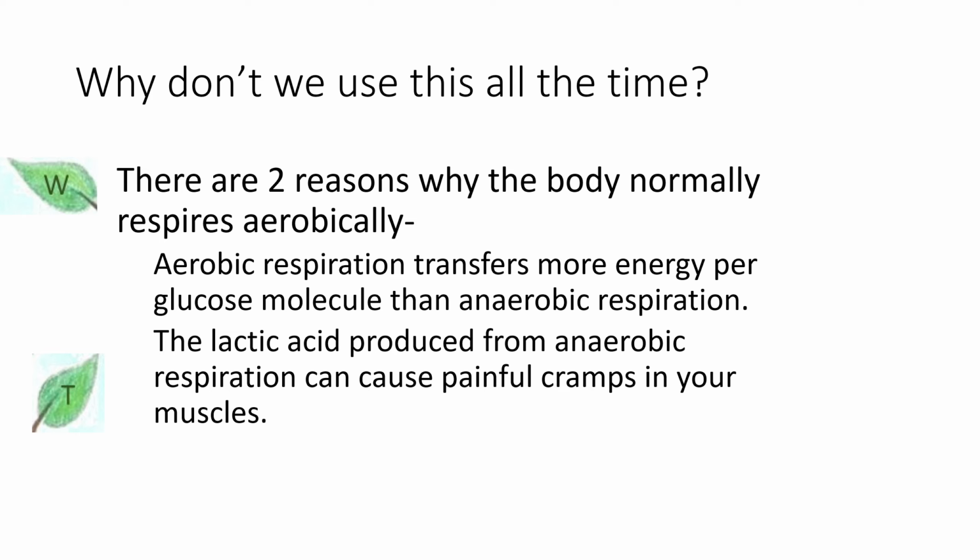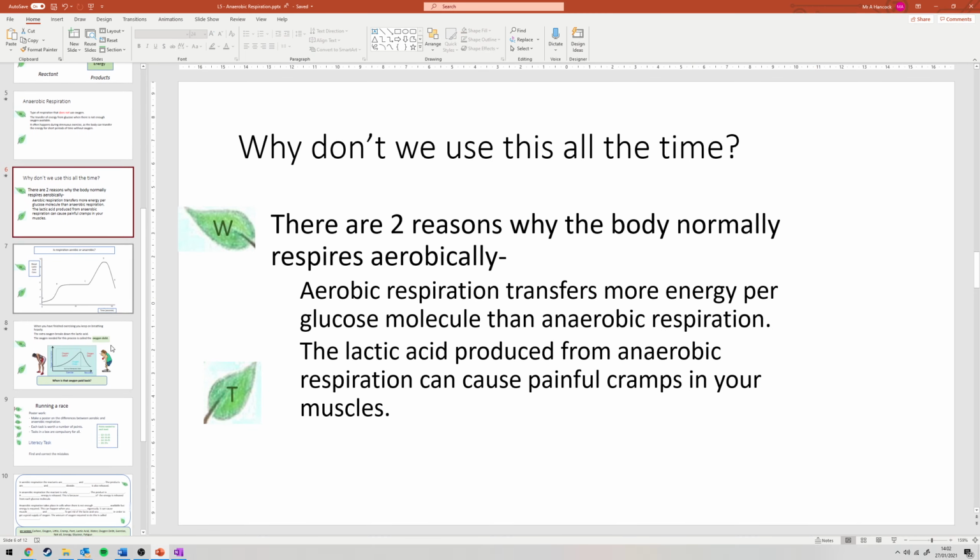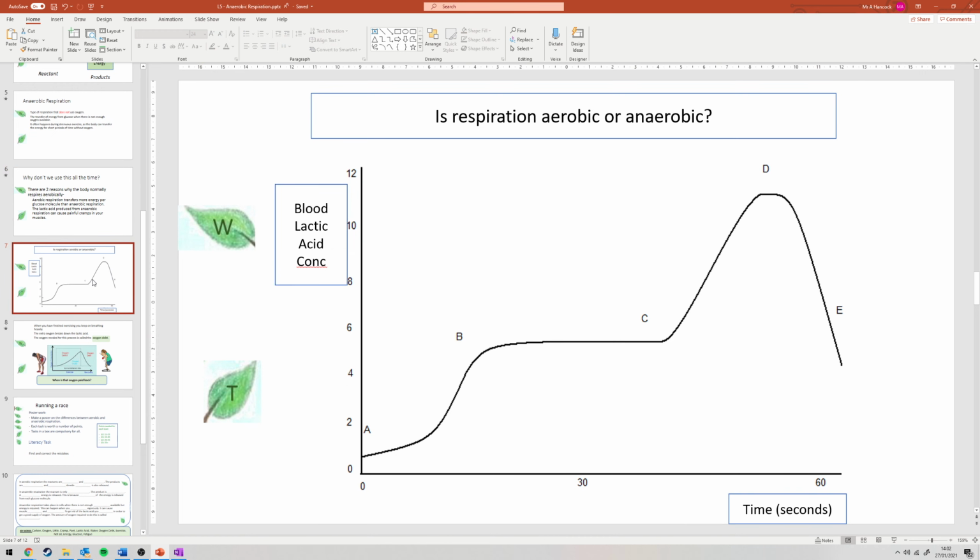Okay, it's painful, your body needs to get rid of it. What actually happens is that lactic acid needs to be broken down. You have an oxygen debt later on, and you use oxygen to break down that lactic acid back into carbon dioxide and water. Now, I'm going to skip this slide because we don't want to do this just yet.